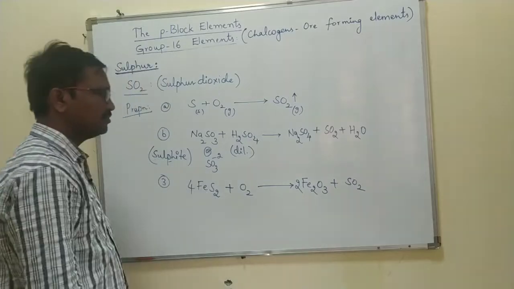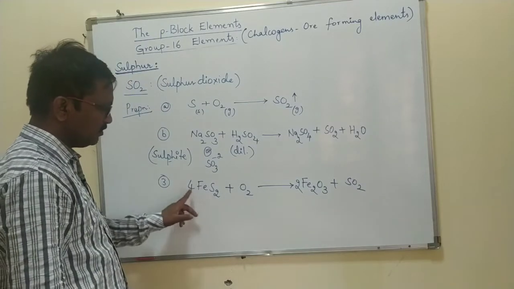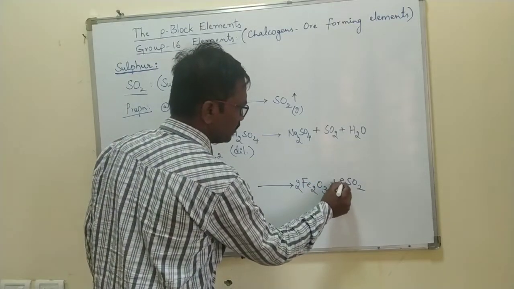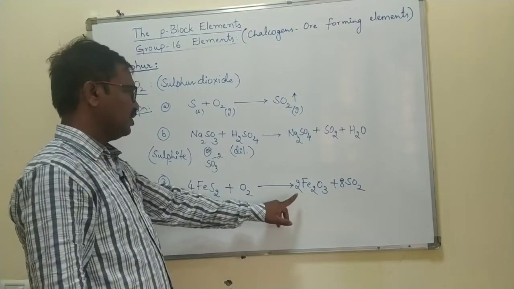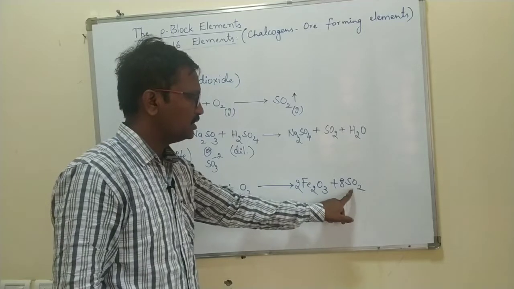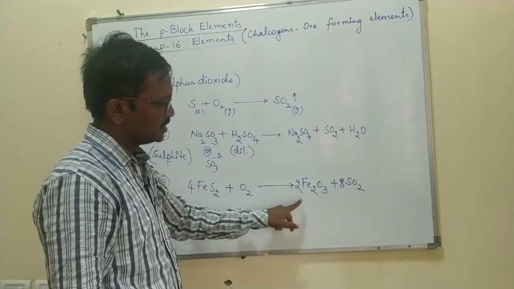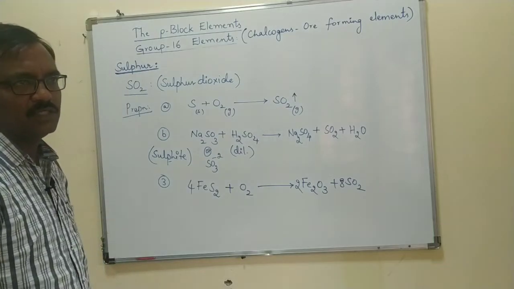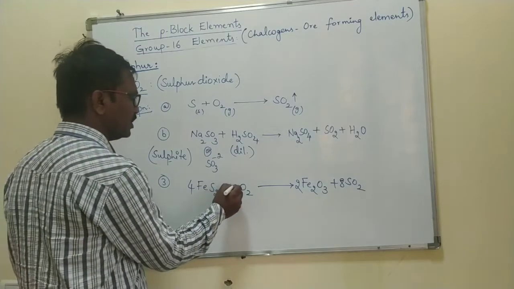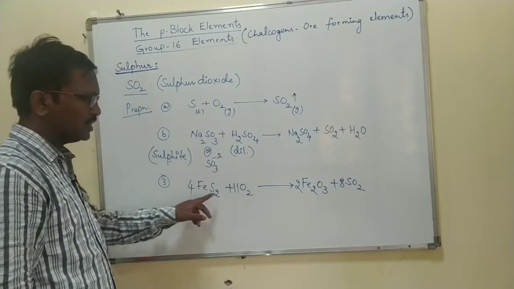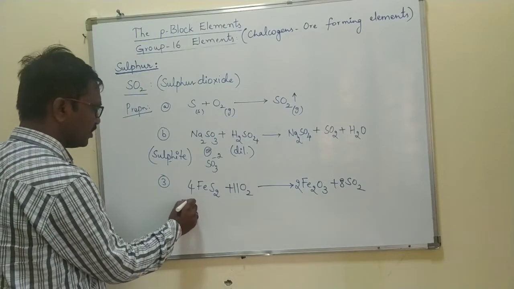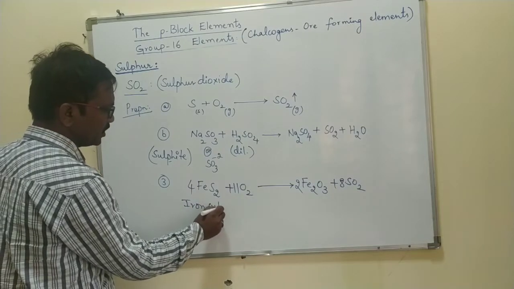Already 6 oxygens. How many sulfurs? 8 sulfurs. So 8 sulfurs need 16 oxygens around them, plus 6 is 22, that means 11 O2. The same reaction will come in the sulfuric acid preparation. You can call it iron sulfide.